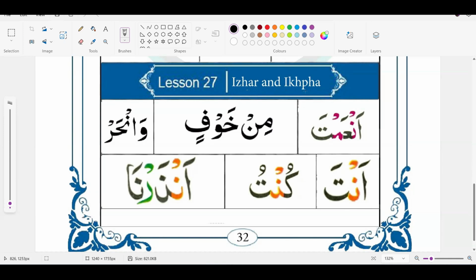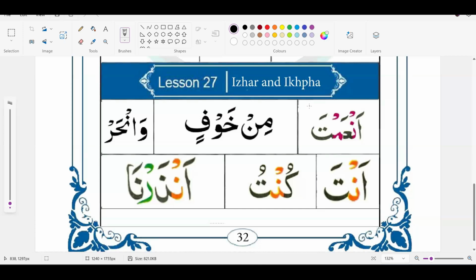And Ikhfa is the vice versa of Izhar. Whenever we have any Ikhfa letter after Noon Sakin or Tanween, we do Gunna. In Izhar we don't do Gunna. In Ikhfa we do Gunna. Got it? Great. Now in Izhar we already knew that there are six throat letters, but how many are in Ikhfa?